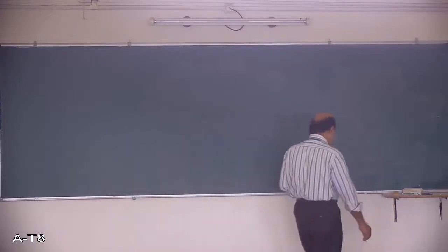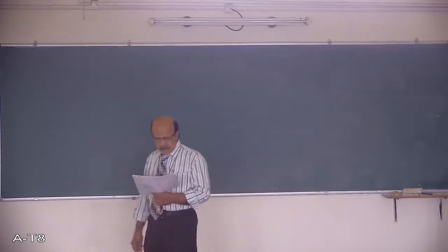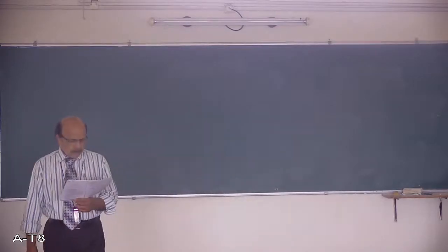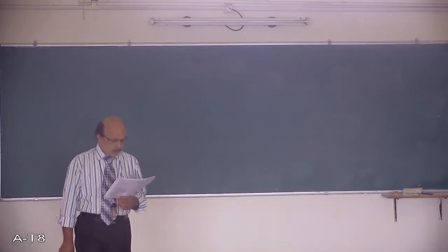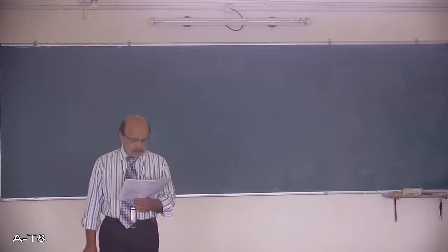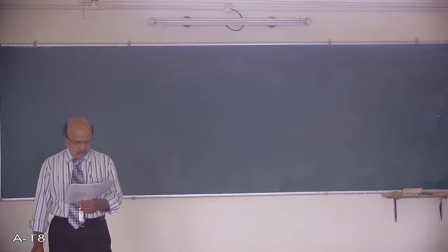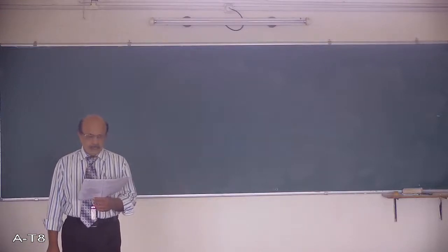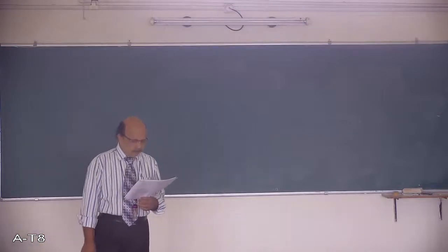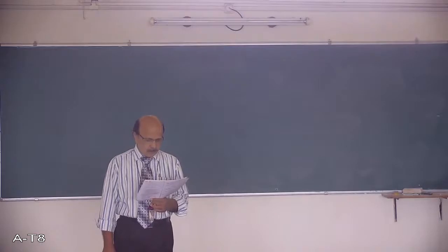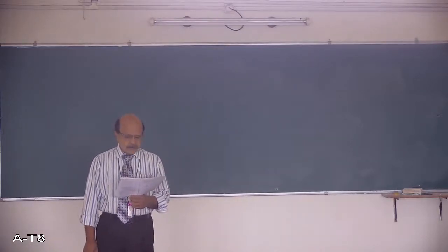Now in this case, we take a simple problem. A body weighing 300 Newton is pushed up a 30-degree plane by a 400 Newton force acting parallel to the plane.